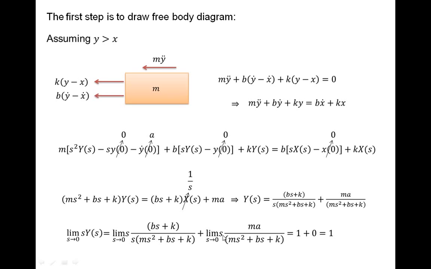And for the other term, I have m a s in the numerator, which if I put s equal to 0 will be 0, and the denominator will be k, so 0 over k will be 0. So the final value of the response will be 1 plus 0 equal to 1.